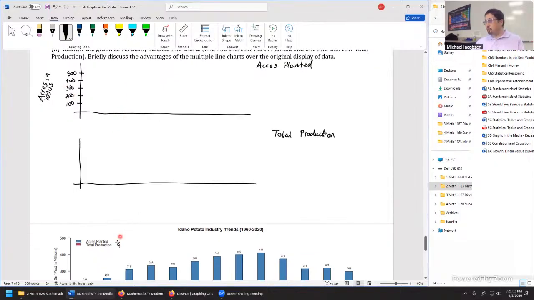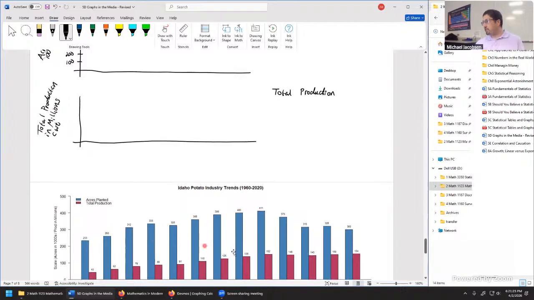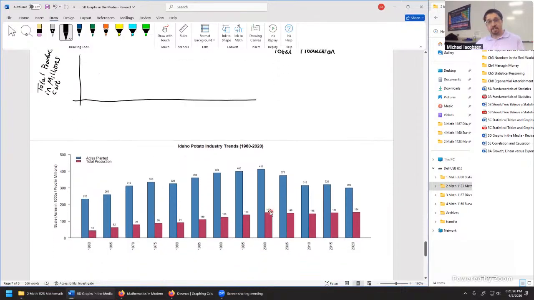We'll focus on the next one for total production. And this is in millions of hundredweight. Let's put in that abbreviation, CWT. Now this one goes differently because once again, it peaks out at 152.